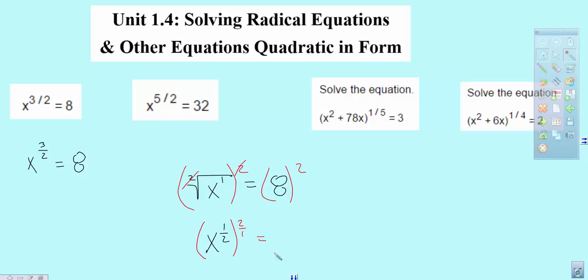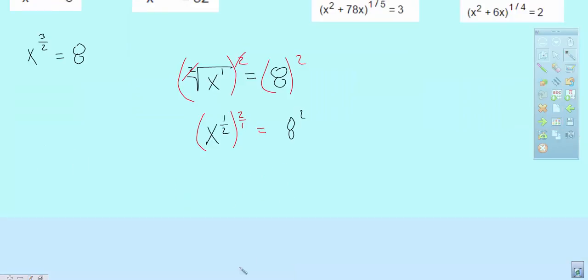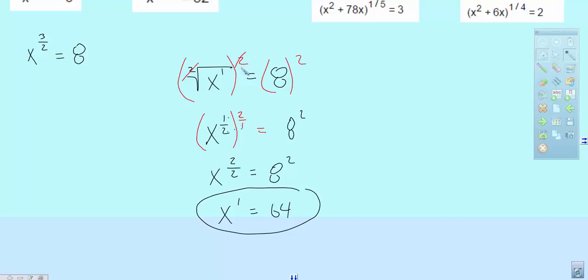It's that when we follow the properties of exponents, at this point we multiply those together. Well, 1 times 2 is 2, and 2 times 1 is 2. And so that's x to the first power is equal to 64. So it's not that they cancel each other out.